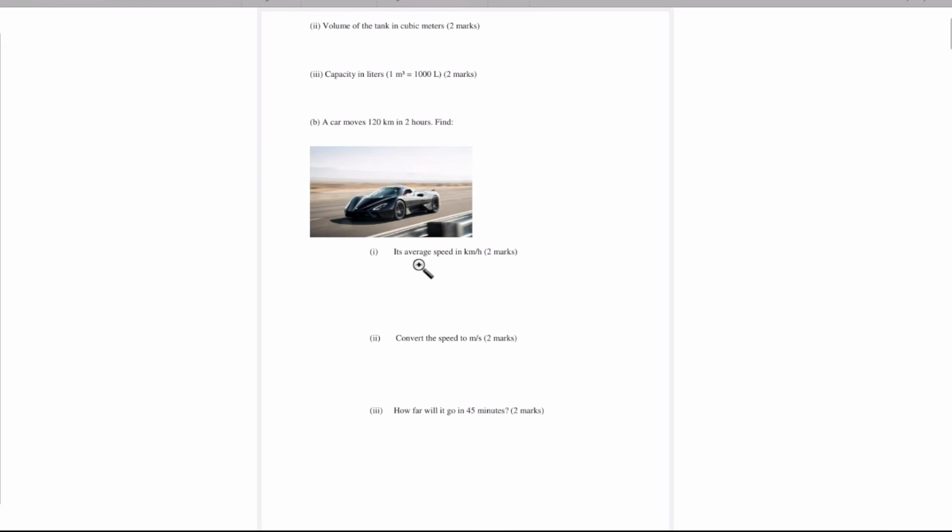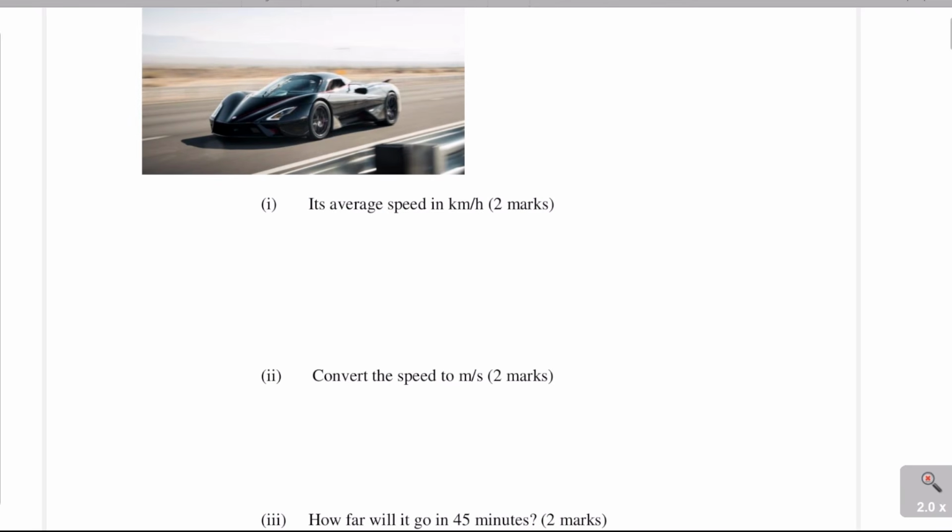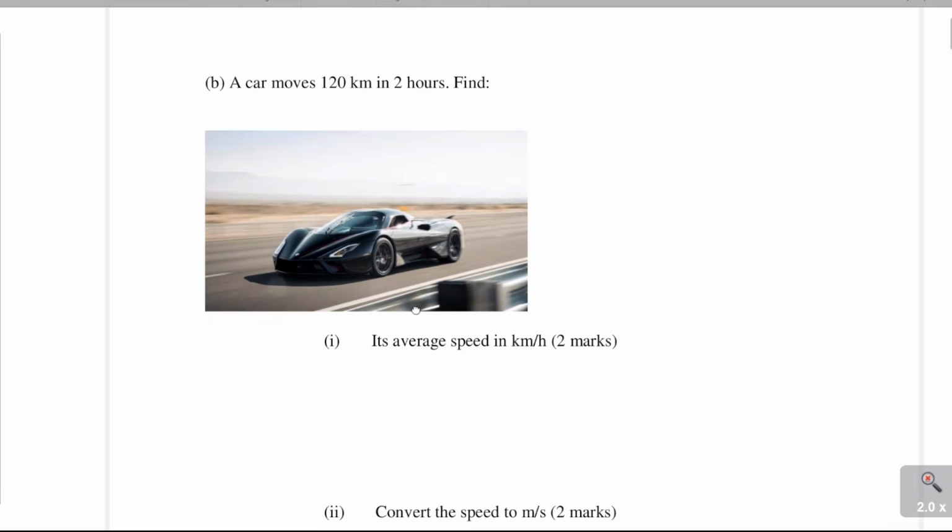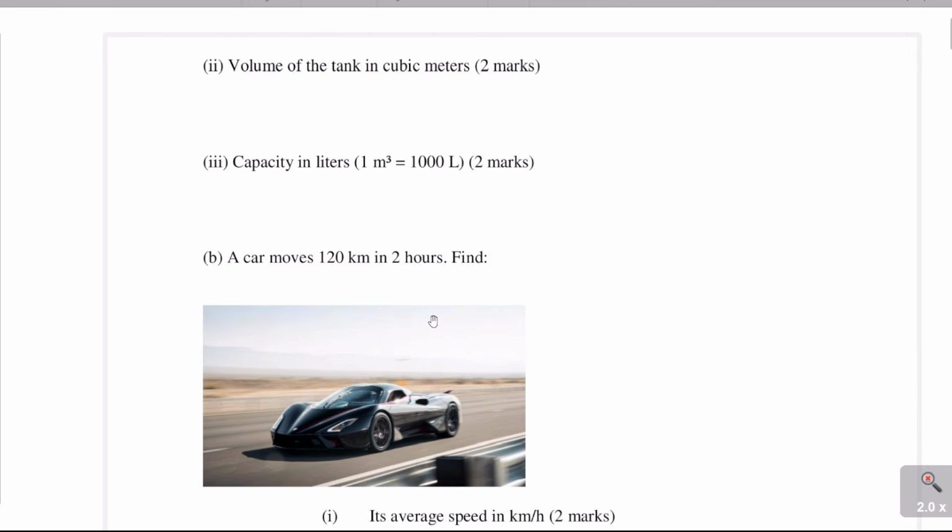The next question is part 2, which is on the volume of the tank in cubic meters. So how do you get the volume of that cylinder?